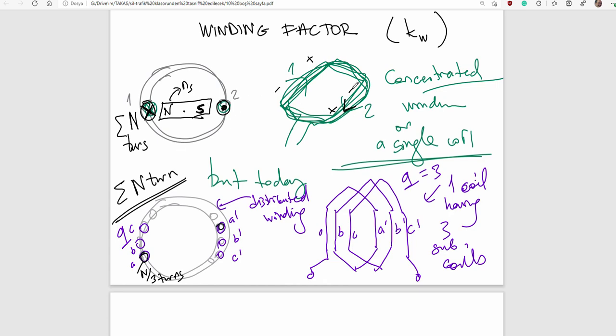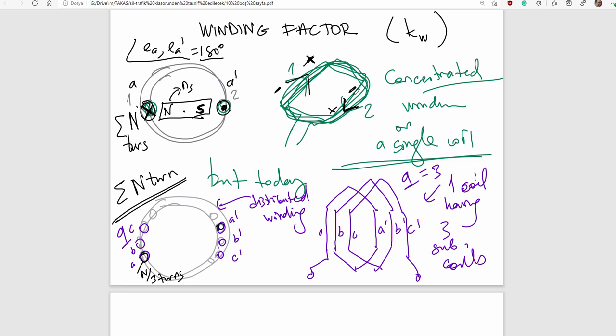So those EMFs are, let's say, A and A prime. The A and A prime EMFs are at a 180 degrees phase displacement because they are just the reverse of each other. There is a 180 degrees phase displacement between those coil ends.